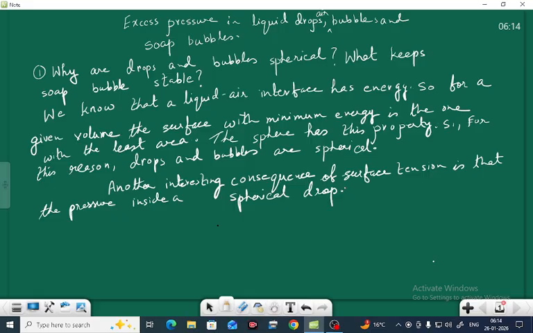So we'll take a drop here. This is a liquid drop. Inside is liquid.